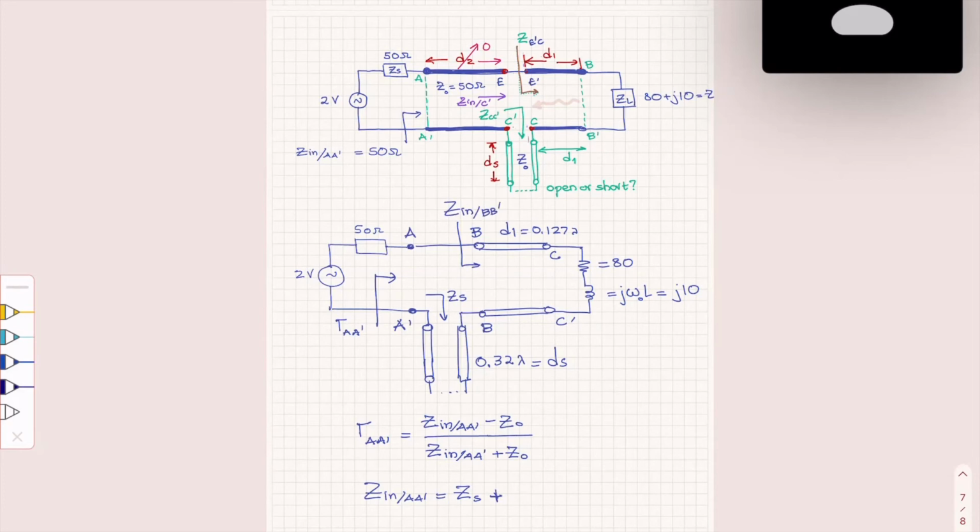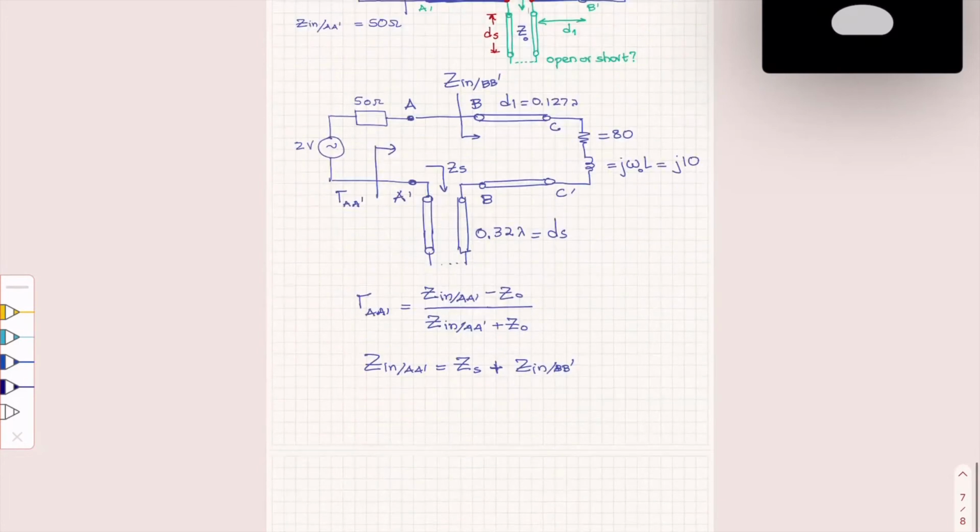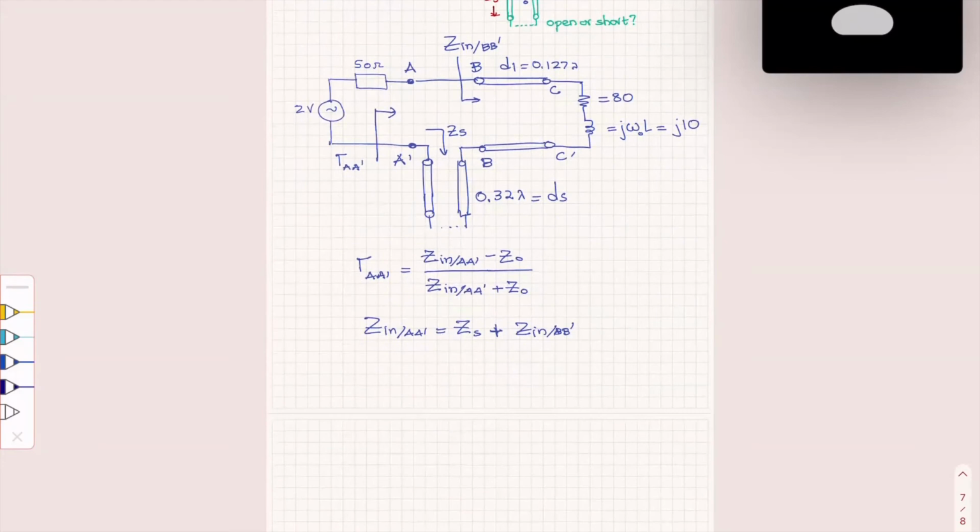We have found that Z stub plus Z input at BB prime. Now we're going to have to be able to do how it changes with frequency. There are two ways to do it, but I will do it with transmission line equations because it's going to be the simplest. When you go to ADS, you're going to be able to do it there.